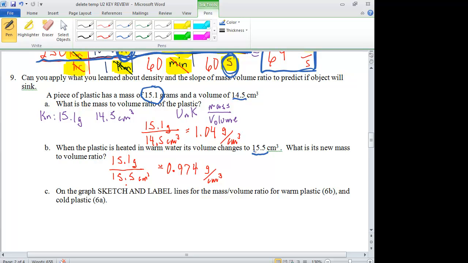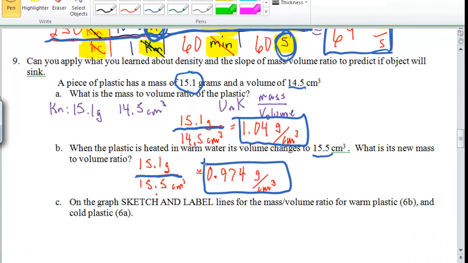When it's cold, the mass to volume ratio is 1.04 grams per centimeter cubed. And when the piece of plastic warms up, it expands, and so the mass to volume ratio is 0.974 grams per cubic centimeter.